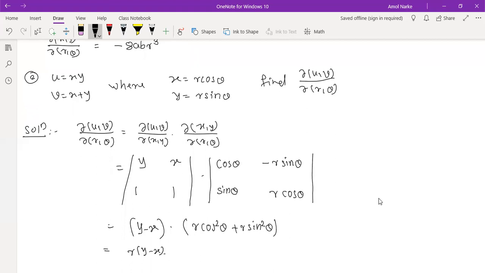That is your final answer. Within 3 to 4 steps only you will get the answer. Such kind of example we may ask you in MCQ questions for 2 marks. What is the Jacobian of u, v with respect to r, theta? You just need to find the simple Jacobian and give the final answer.